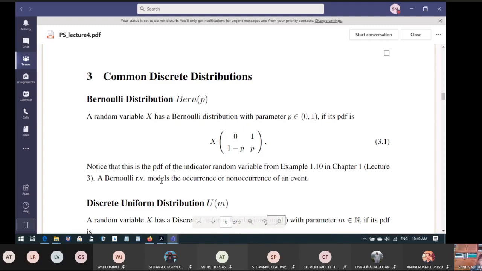This random variable models the occurrence or non-occurrence of an event, right? Did it occur? Did it take the value 1? Or did it not occur? If it did occur, that happens with the probability of that event, which is the sole parameter of this distribution. So for instance, we can think of this as modeling the occurrence or non-occurrence of a success.